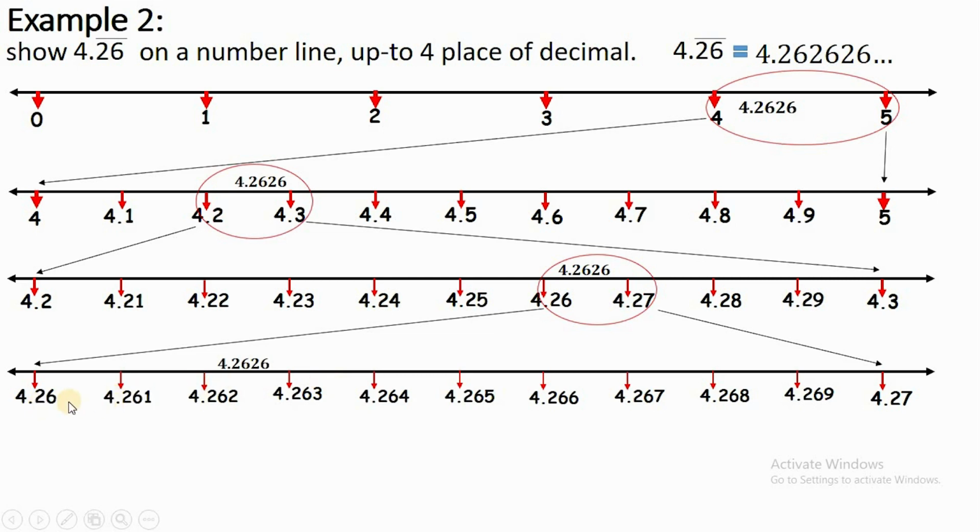So after dividing it, you can take 4.261, 4.262, 4.263, 4.264 and so on. And you'll check again, 4.2626 lies between 4.262 and 4.263. Therefore, again here we have to zoom in this portion of the number line.